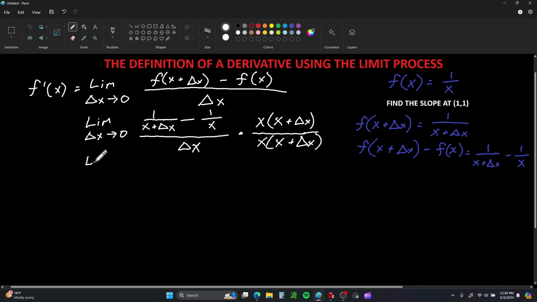We have the limit as delta x approaches 0. And then this one gets replaced by just an x. And this one gets replaced by the x plus delta x.